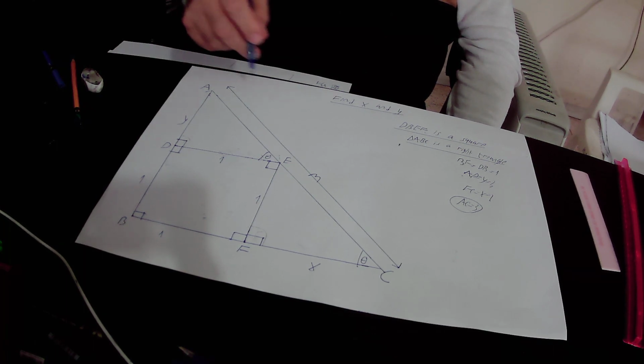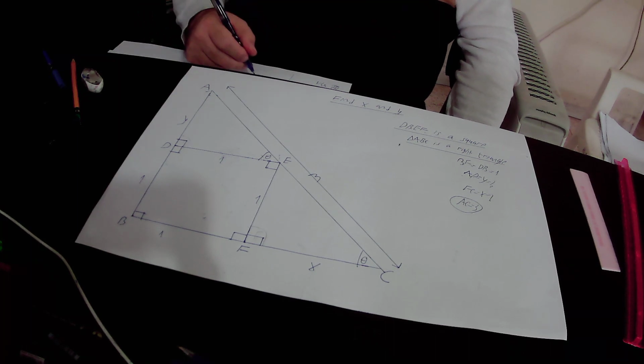That is to say, AC squared equals AB squared plus BC squared.